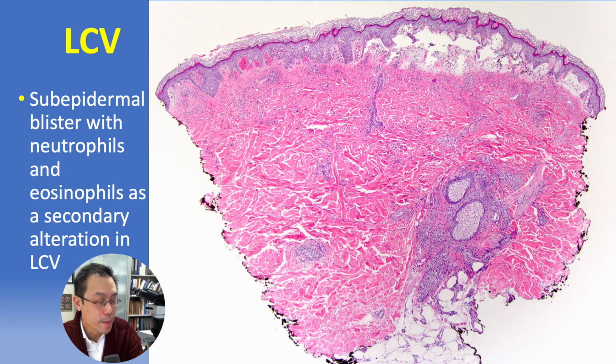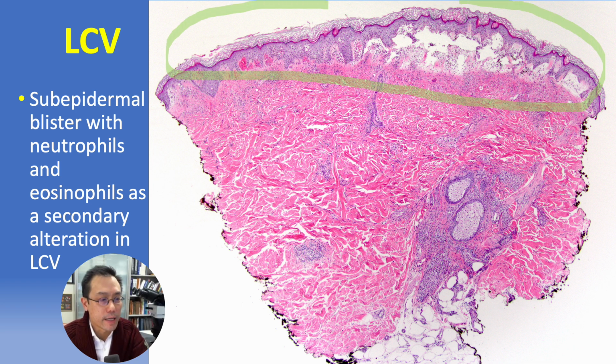But remember, immunobullous disorders usually have the inflammation centered around the location of the antigen target. So typically, as in pemphigoid, the dermal epidermal junction. We don't usually see deep dermal perivascular inflammation in immunobullous disorders, but we do often in LCV.